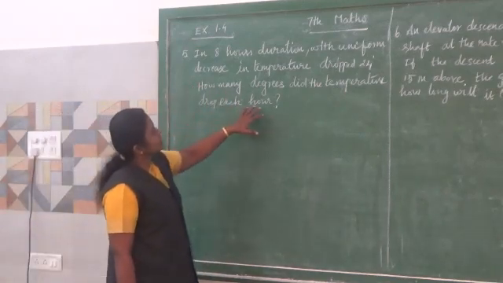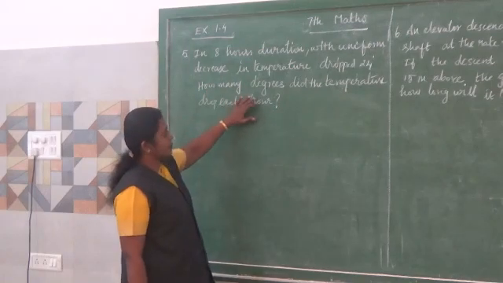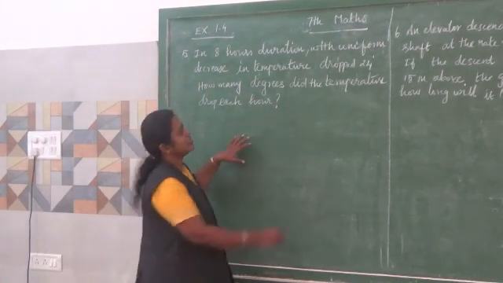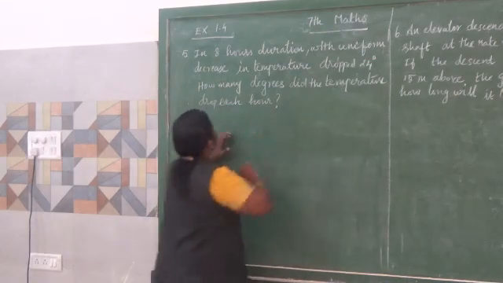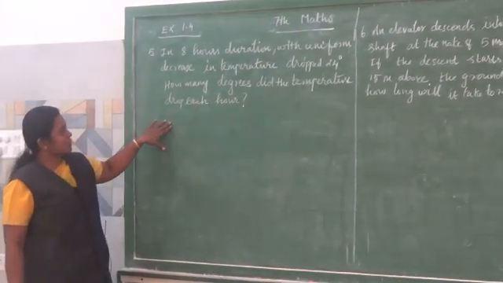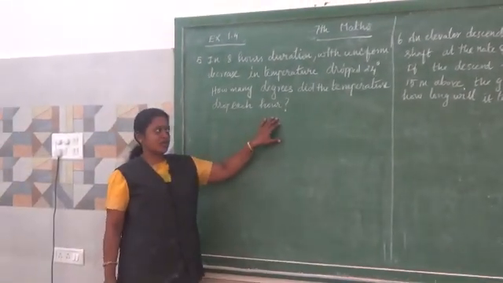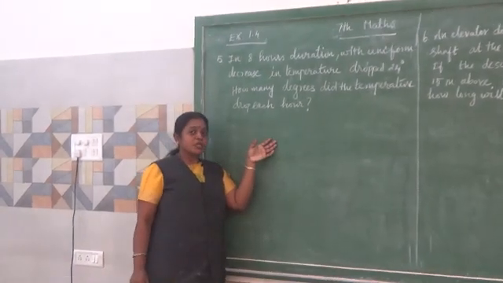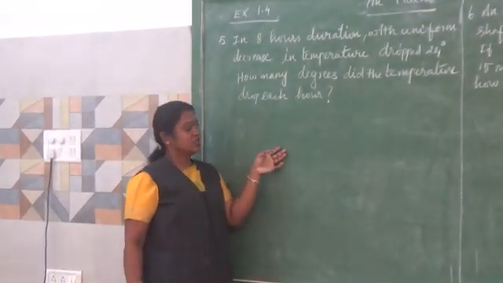In 8 hours, with a uniform decrease, the temperature dropped to 24 degree. How many degrees did the temperature drop each hour? To find this, you have to apply division.